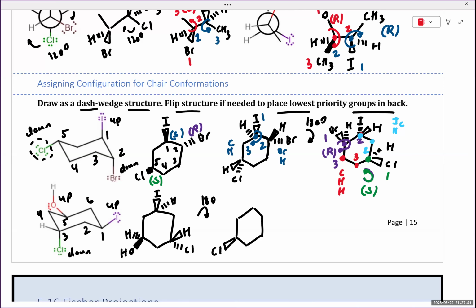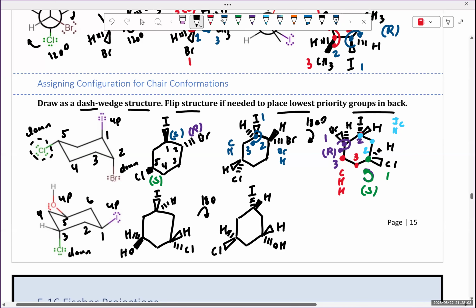So rotating this molecule horizontally 180 degrees gives us the following depiction. Again, to rotate a molecule horizontally, you flip the skeleton 180 degrees, and then you invert every dash wedge center. From here, we're now ready to assign configuration.